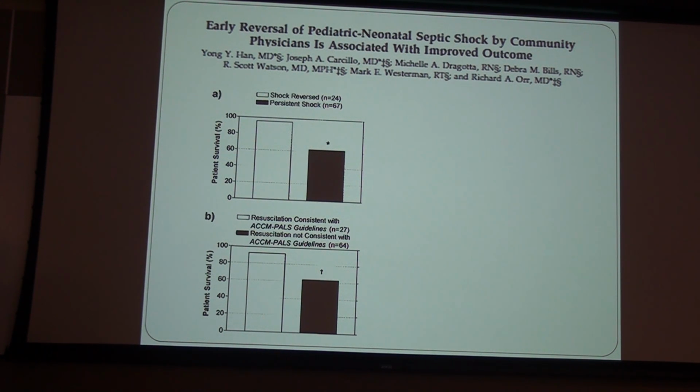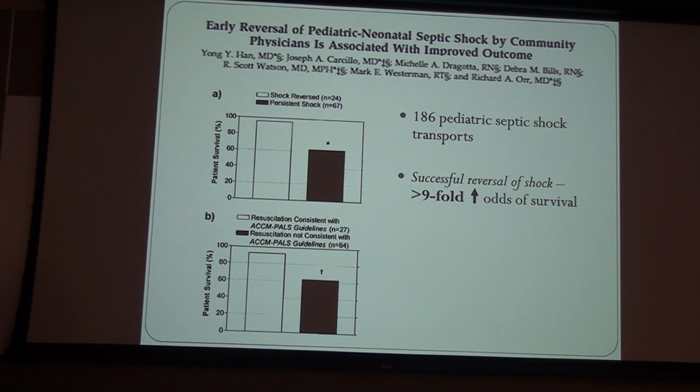They found that those children who had their shock reversed in the community prior to arrival were much more likely to survive. This is one of the earlier studies in children to show that early fluids and antibiotics help survival.